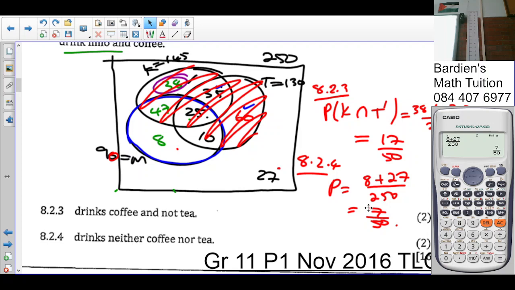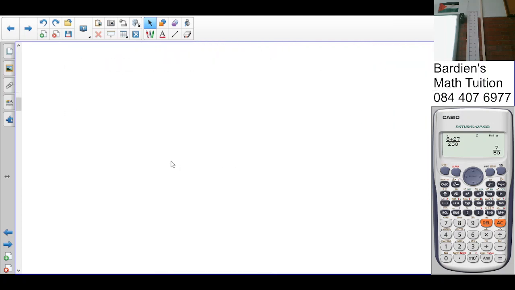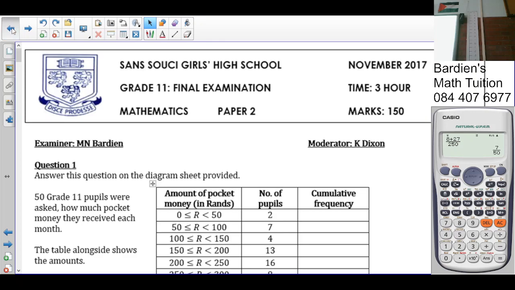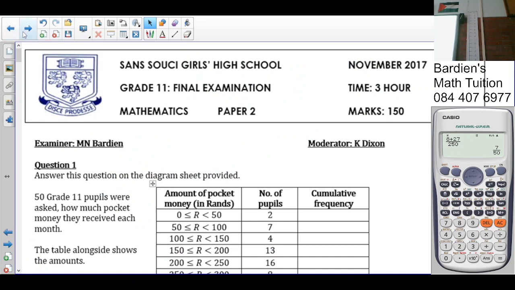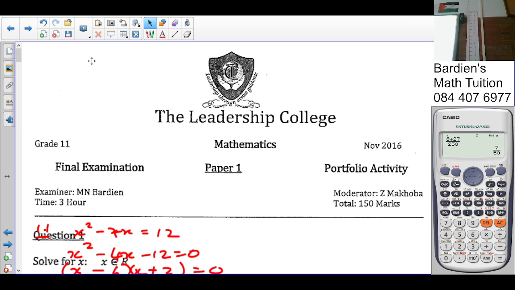Right, so that basically brings us to the end of our paper 1. Leadership, is there a paper 2 to this paper?